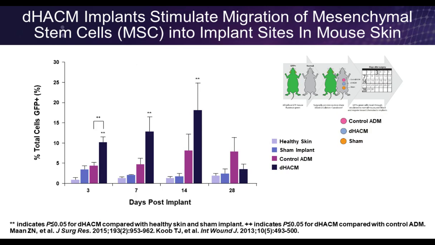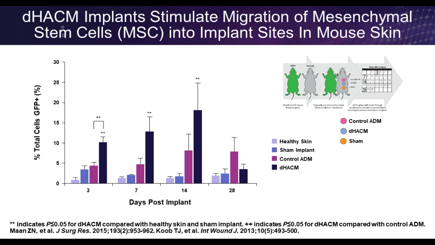Now, this type of activity was demonstrated in a very important and relatively unique animal experiment in which green fluorescent protein mice, which contain this trackable fluorescent protein, were surgically grafted with a normal mouse. And then the normal mouse had skin wounds created, as you can see in the upper right-hand portion of the slide.